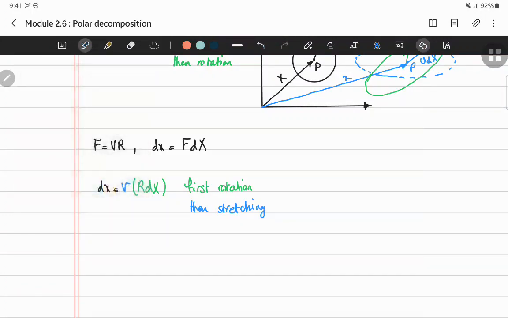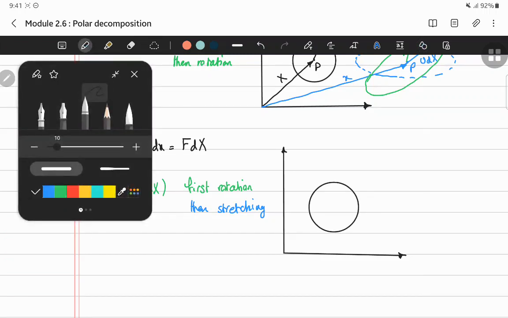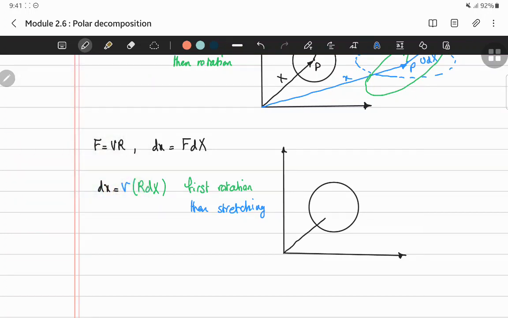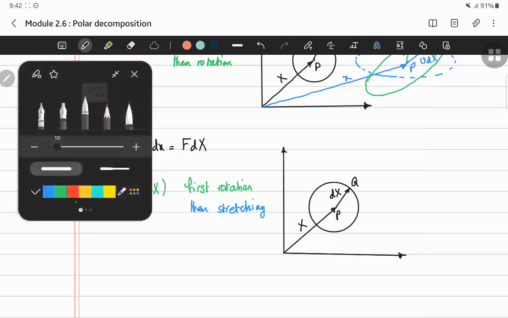So if I plot this coordinate system again, I have my sphere in here. I have my initial vector in here, this is P, and this is Q, and this is dX. So first I have a rotation.